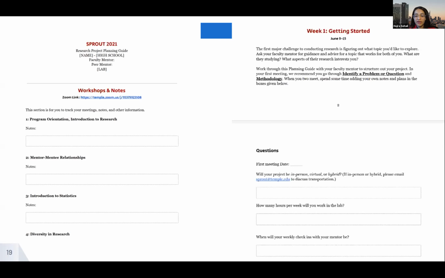When will I be doing my weekly check-ins? What kind of topic am I supposed to be getting into? And if your faculty mentor has papers that they want you to review, you would also take note of that here. So I just wanted to show you where in the planning guide this part of the process is.